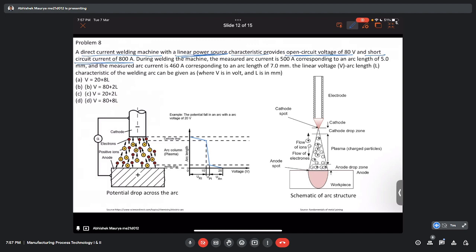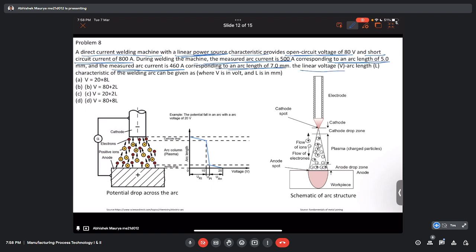During welding, the measured arc current is 500 ampere, corresponding to an arc length of 5 mm, and the measured arc current is 460 ampere, corresponding to an arc length of 7 mm.